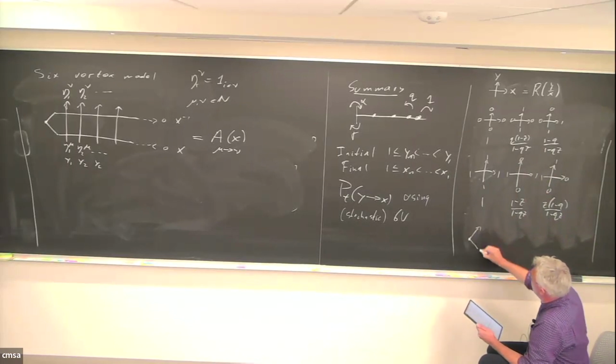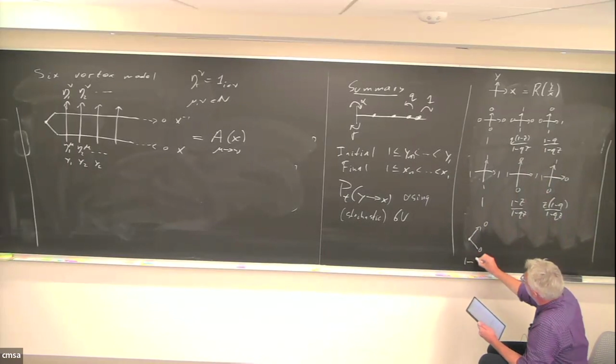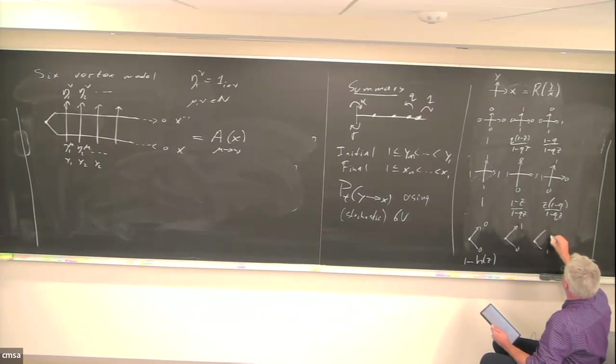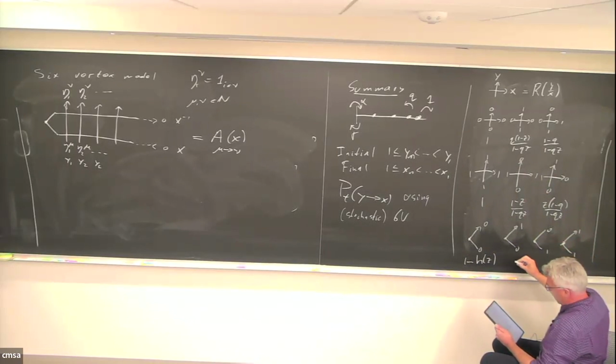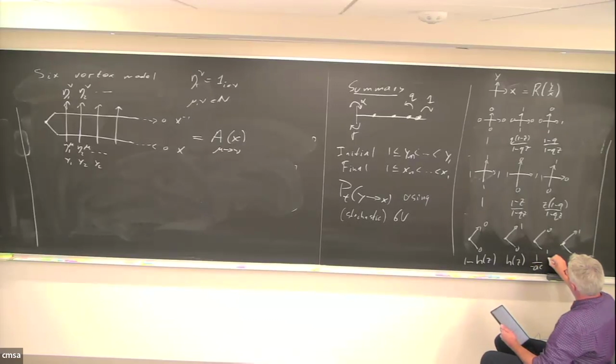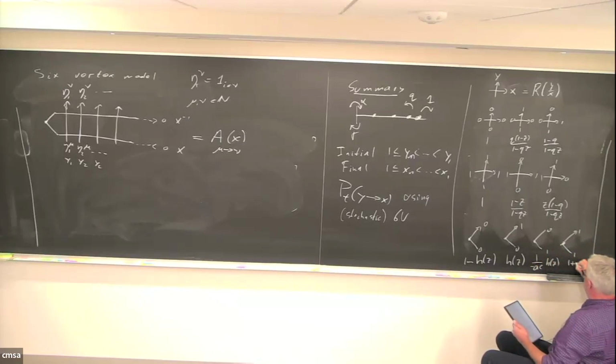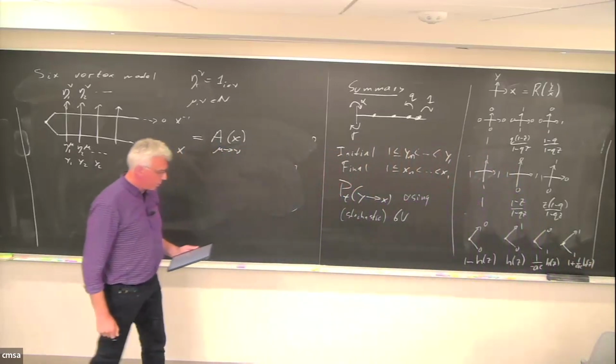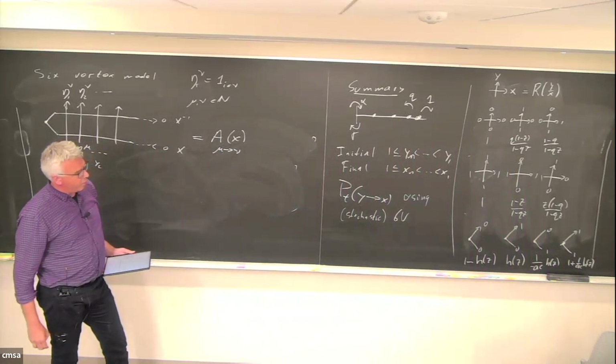So at the boundary, you can have these weights. So it's readable. And h of z is some quadratic rational function.